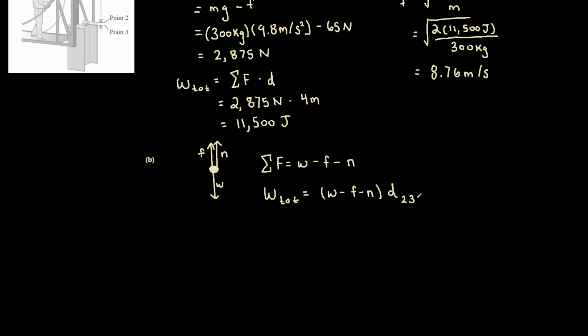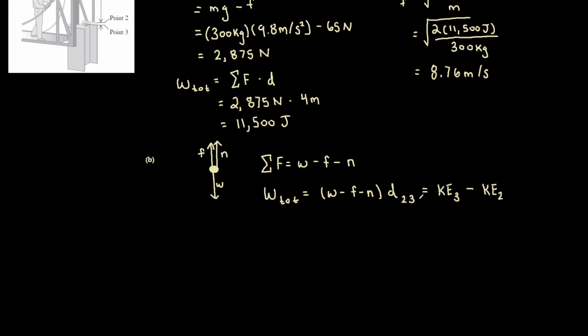Now we can use the work-energy theorem to solve for the normal force. According to the theorem, we can set this equation equal to the final kinetic energy, which is also the kinetic energy at point 3, minus the kinetic energy at point 2, or also known as the initial kinetic energy.